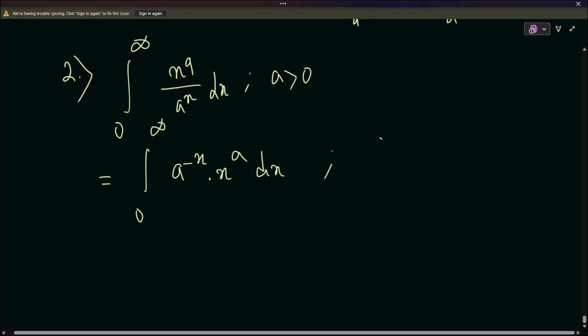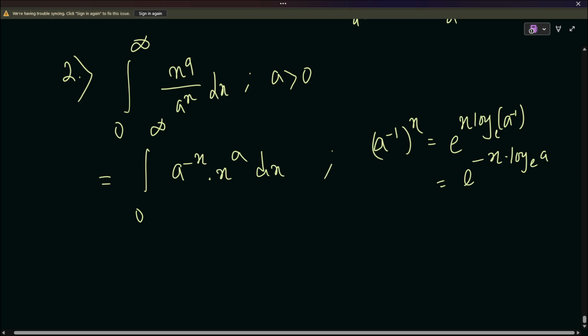Now again, a to the power minus 1 whole to the power x is nothing but e to the power x log of a inverse, where log is natural logarithm, and this is again nothing but e to the power minus x into log a.